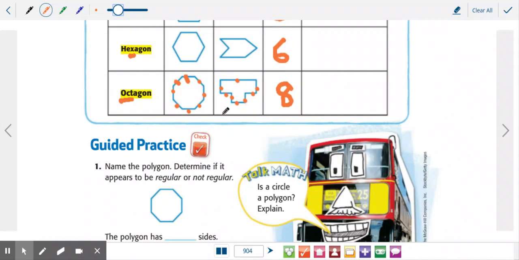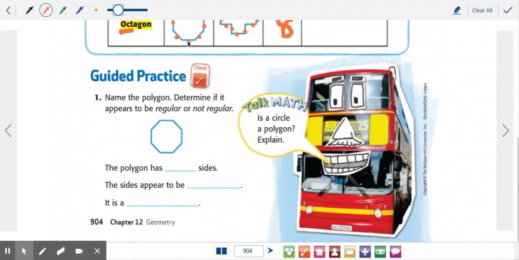All right, let's check this out. So again, we're going to name the polygon and then determine if it appears to be regular or not regular. So let's count them. 1, 2, 3, 4, 5, 6, 7, 8. So now we know it's a what? Octagon. It has 8 sides. Do those all appear to be congruent?